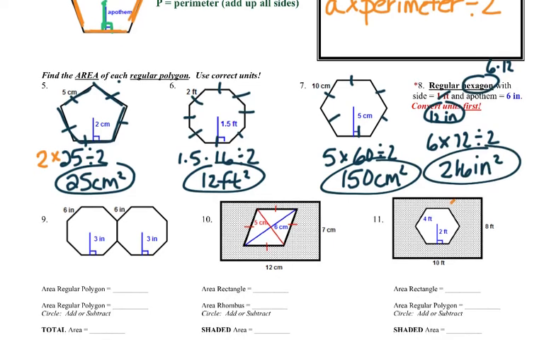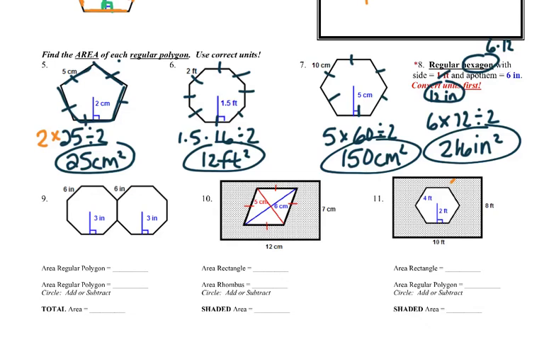Now you're getting used to these last ones where it's either total area or shaded area. So this one is a total, so I know right away I'm going to add. Total is always add, versus shaded, which is subtract. So I might even just circle those now so I remember.